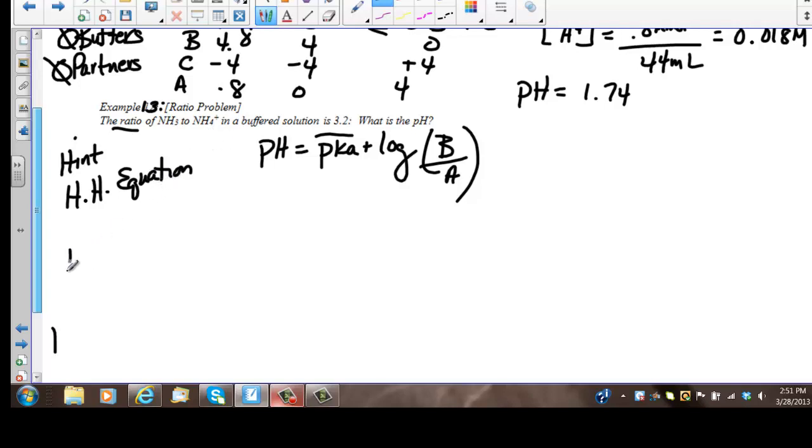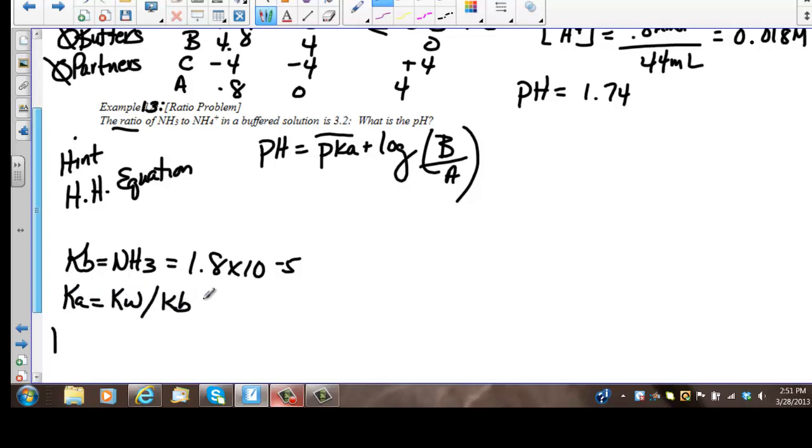So what we can find is the Kb of NH3, which is equal to 1.8 times 10 to the minus 5. We can look that up. And then we can find the Ka by taking the Kw and dividing it by the Kb. Let me just double check that.